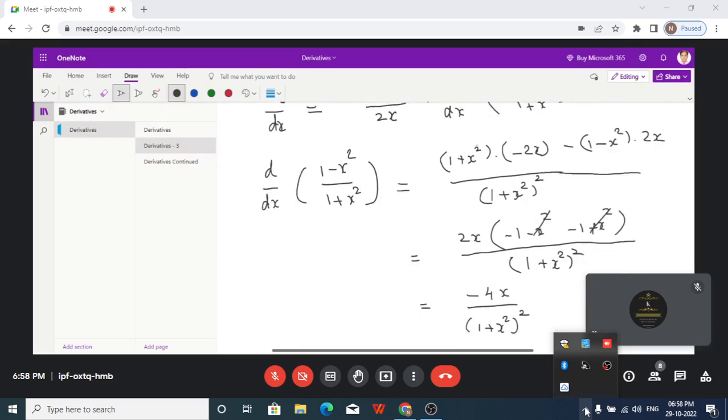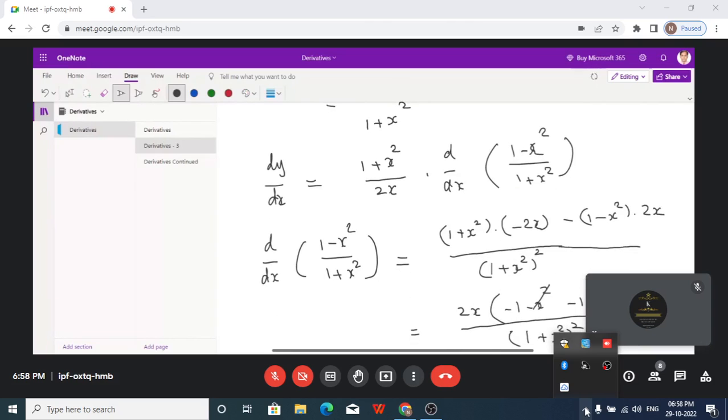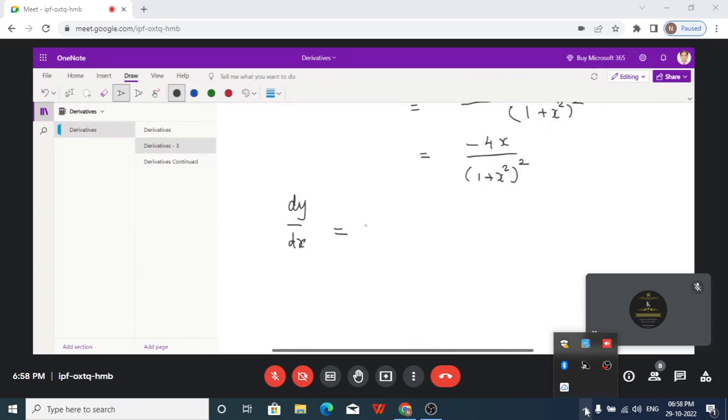Okay. So what is dy dx now? dy dx equal to 1 plus x square by 2x into minus 4x by 1 plus x square the whole square. So the 2x and minus 4x we can cancel and put minus 2.